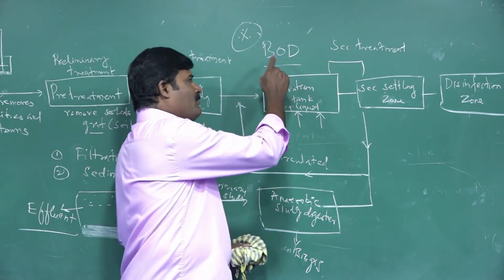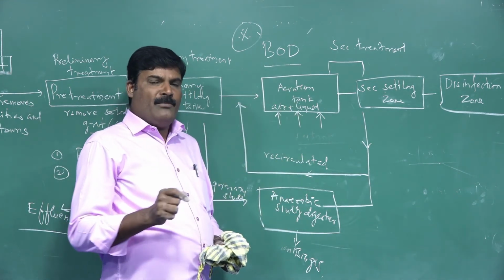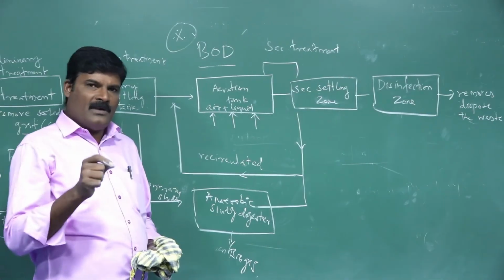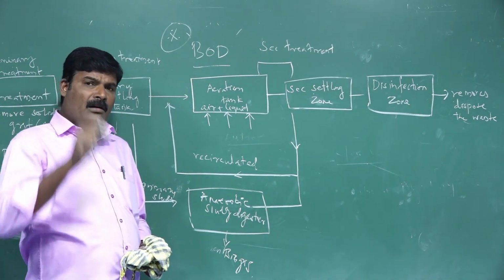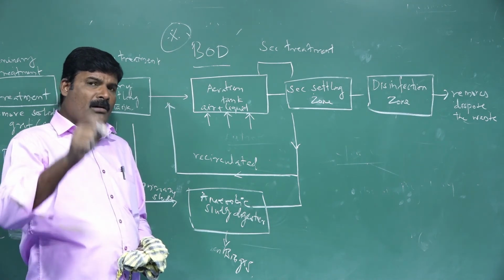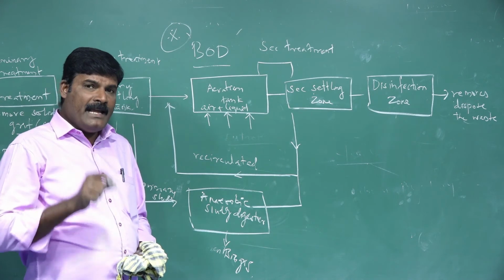What is the definition of BOD? It is the amount of oxygen that would be consumed if all organic matter in 1 liter of water is oxidized by bacteria.